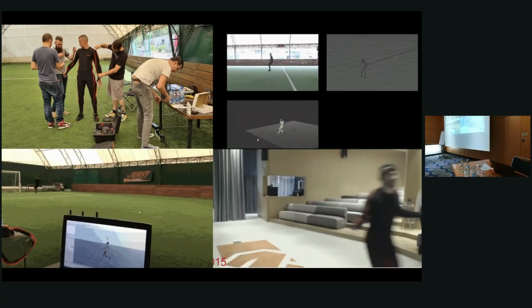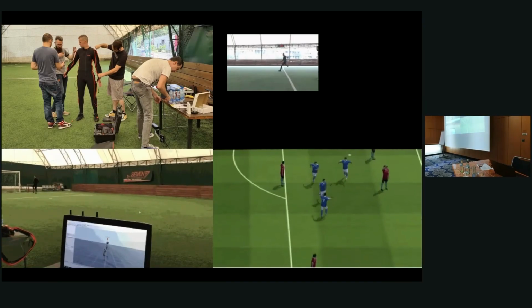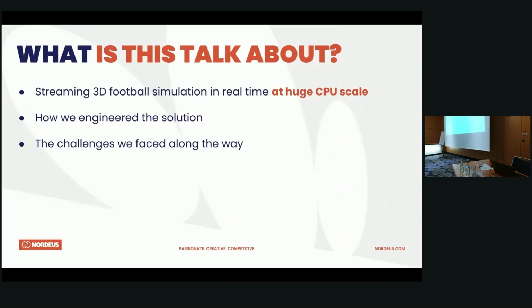There is a whole documentary about how we made the football engine. You can check it on YouTube. But today my talk will be about how we are streaming these 3D football simulations at huge CPU scale, how we engineered the solution, and what were the challenges we faced along the way.